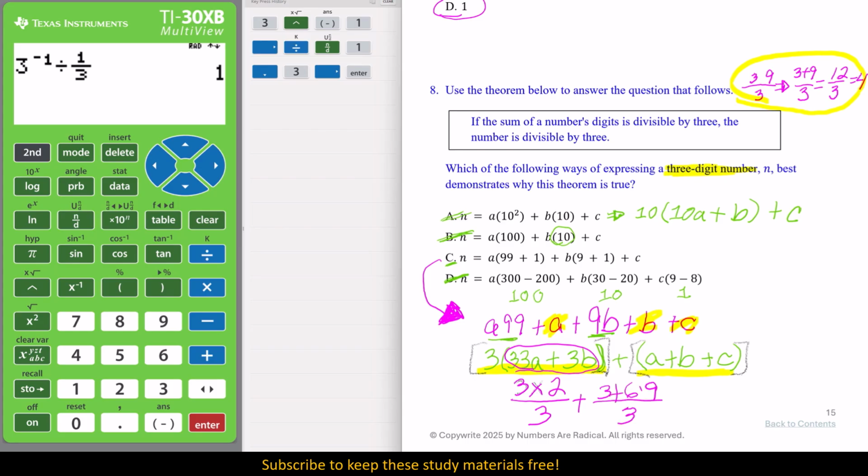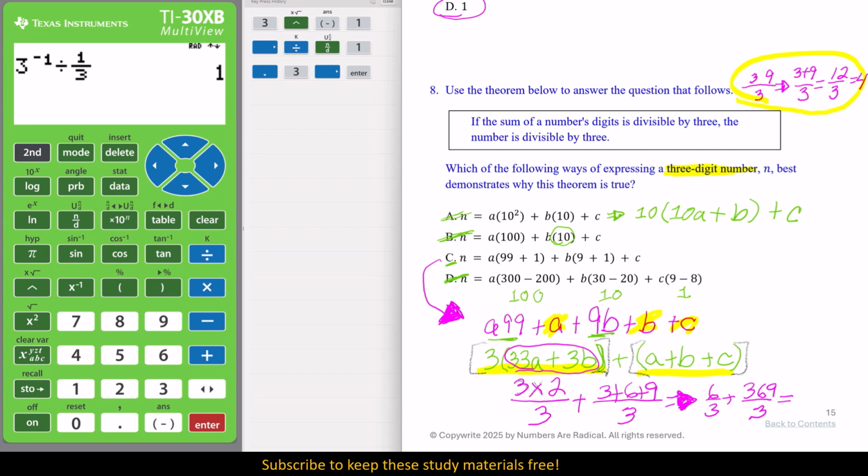Okay, now what if we add them together? What is really happening? This becomes 6 over 3 plus 3, 6, 9 over the 3. Well, it doesn't really become that.